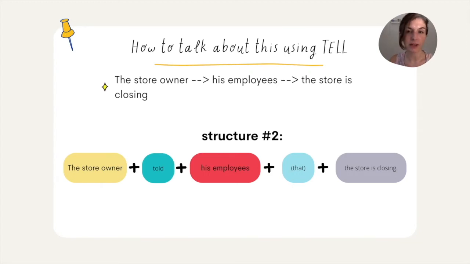Now, again, you can play with this in many different ways. Maybe it's not the store owner who's doing the speaking, but maybe it's I. So it would be I told my employees that the store is closing. Or maybe I am the speaker and my friend is the audience. In that case, it would be I told my friend that the store is closing.